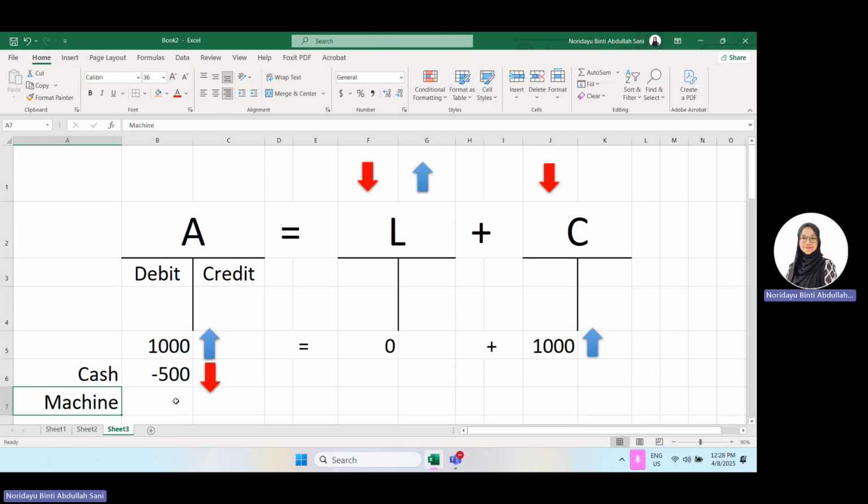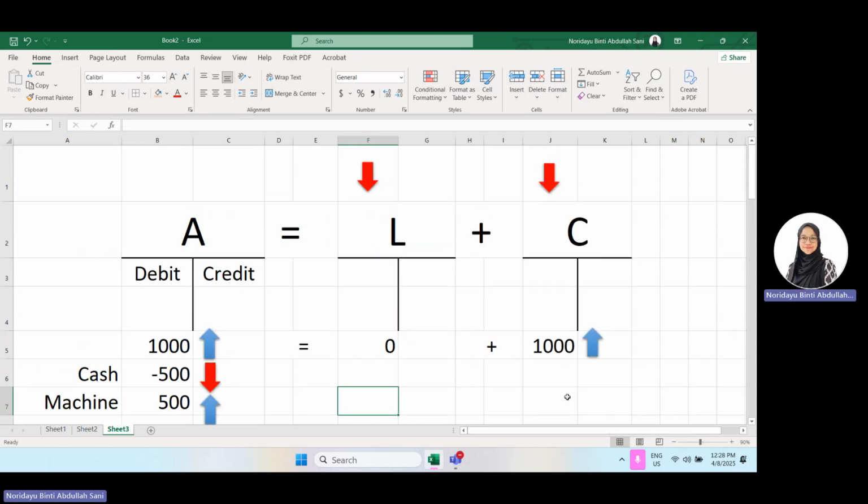So when I purchase the machine just now using business cash, the asset reduced by 500, I get the machine, right? Because I buy the machine. So my asset should increase by 500.